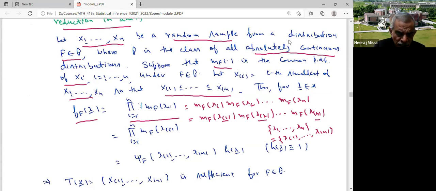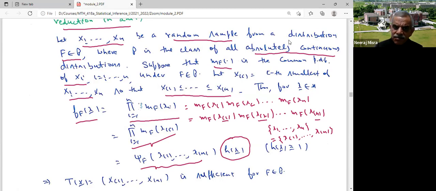So by the factorization theorem, I can take this as my psi f of x(1), x(2), ..., x(n), multiplied by 1, which I take as h of x. So my joint PDF can be written as a product of two functions. One does not depend on f. The second factor depends on f, and it depends on x1, x2, ..., xn only through the order statistics.